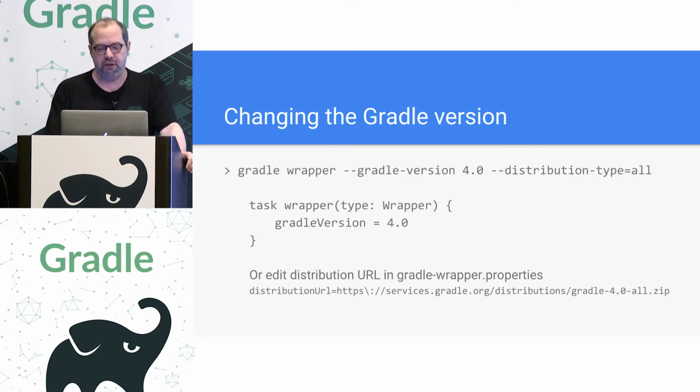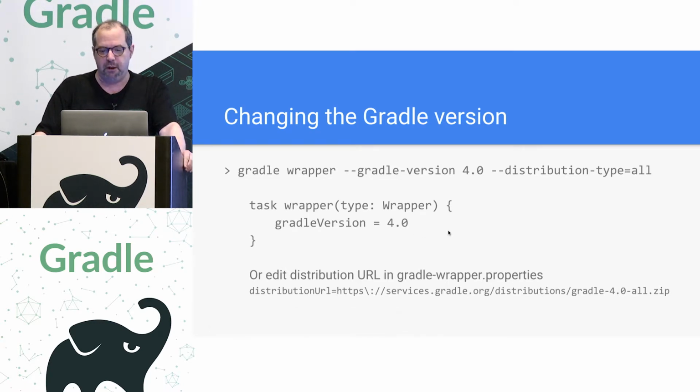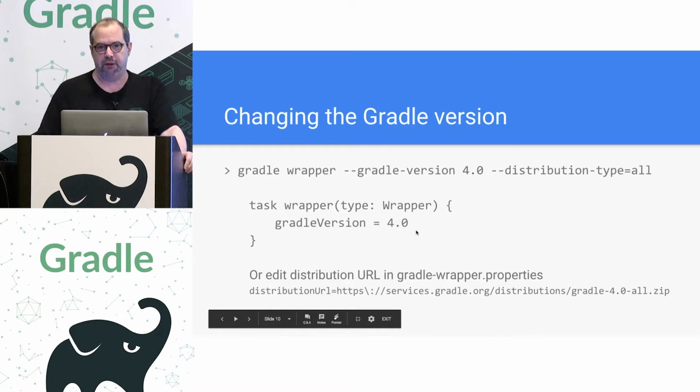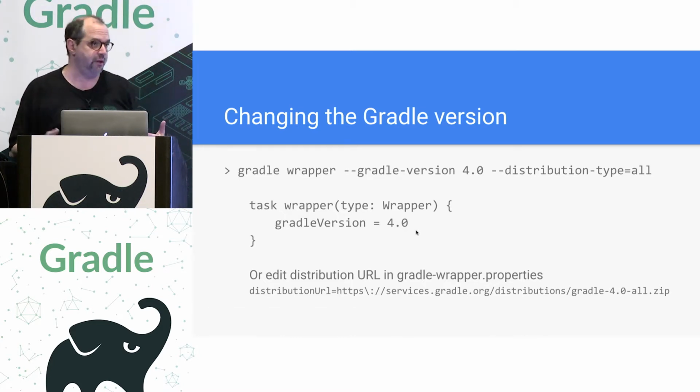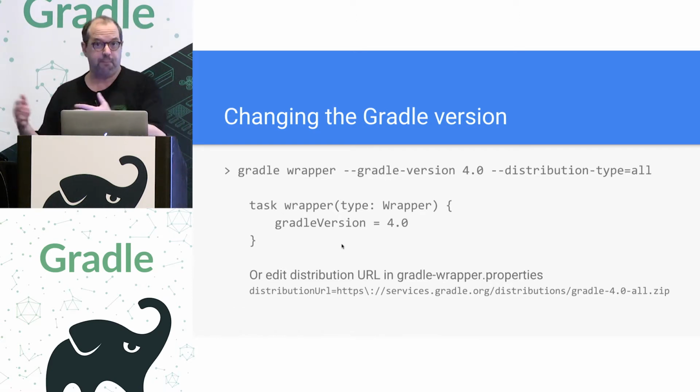Now, alternatively, you can use another approach, which is to actually add a wrapper task into your build. The wrapper task is now part of the baseline of Gradle, so you don't have to do that. What this is doing is overriding the default to make sure you get a particular version of the wrapper, but that's up to you. The final thing you can do, these are all alternative mechanisms. This is the command line approach. This is specifying it in your build file, at which point you just run gradle wrapper and it'll do it.